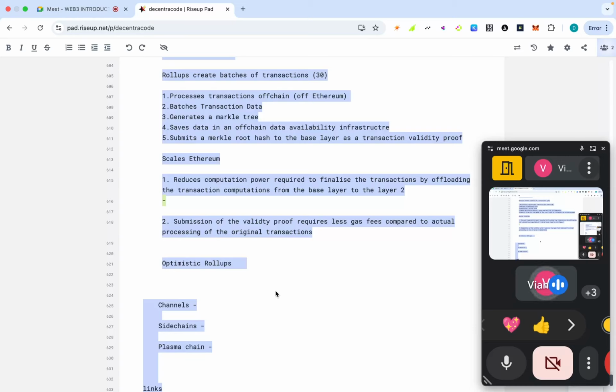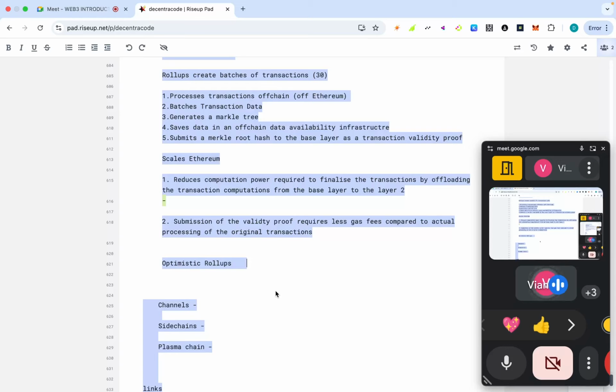The data is available for proving if it is actually valid for a particular period of time before it can be finalized. So they are slower because they wait on someone that is inspecting that particular data set to confirm if it's actually valid for it to be finalized as authentic data.